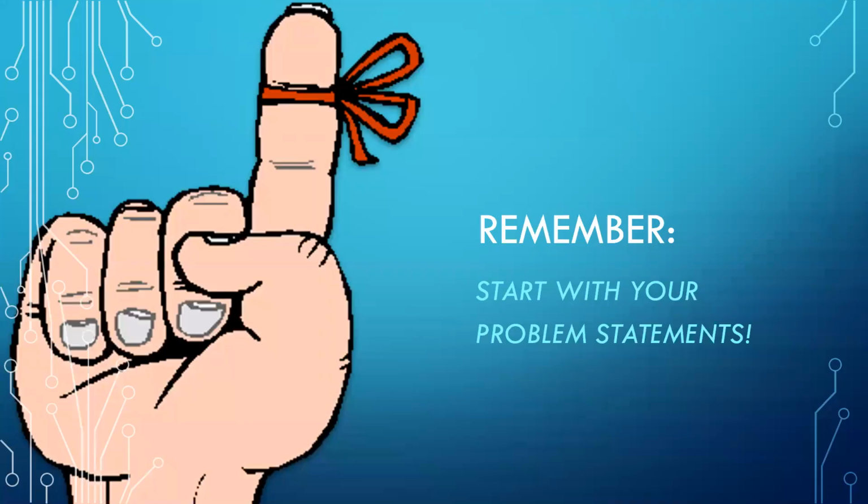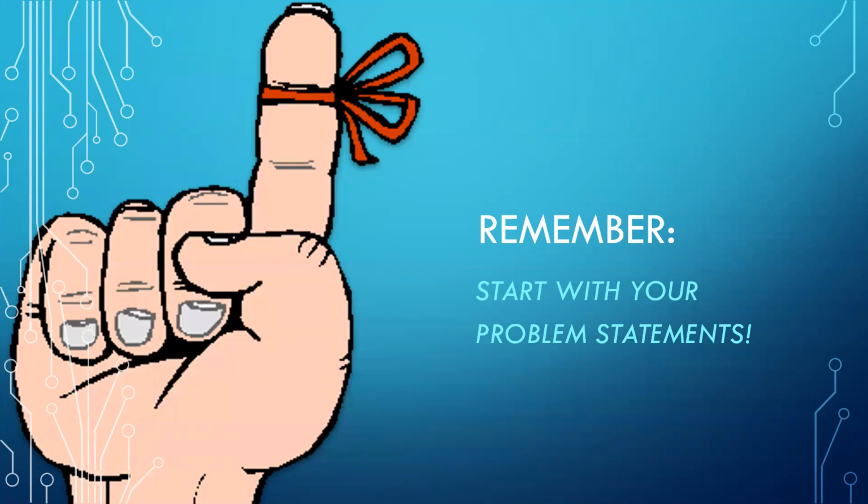And as you start, remember to start with your problem statements. As we discussed in the first session, starting with a strong problem statement really allows you to figure out, as you get to the solutions phase, if that solution will address the problem that you've identified.